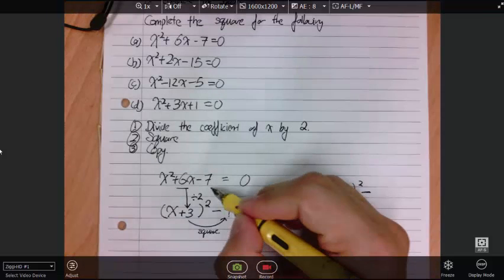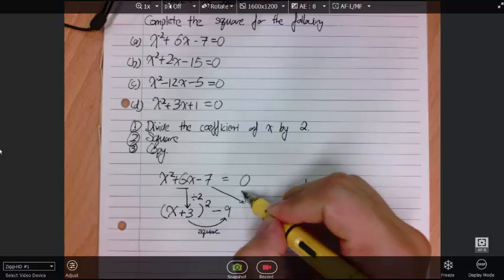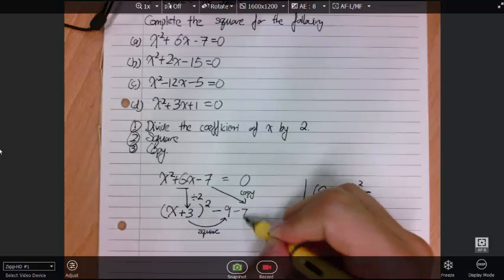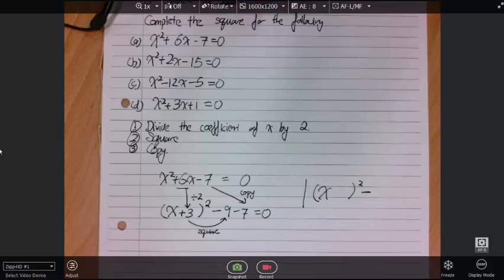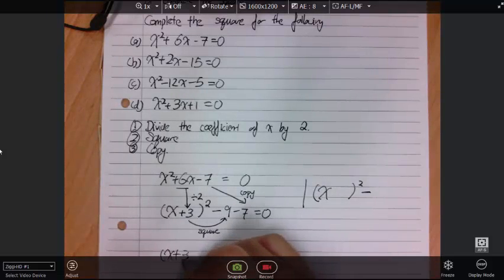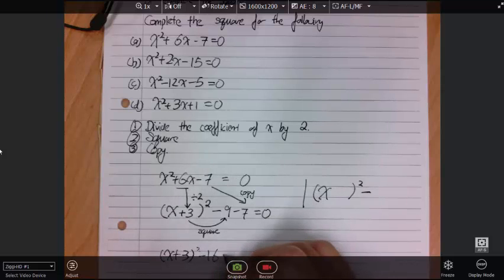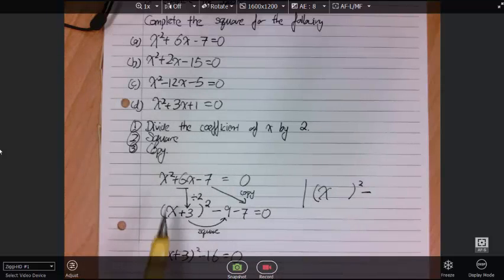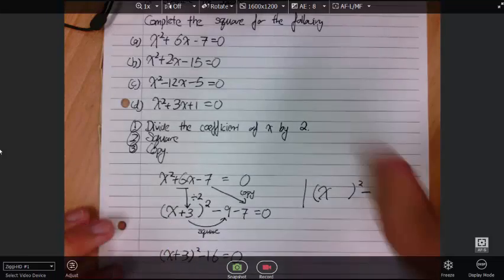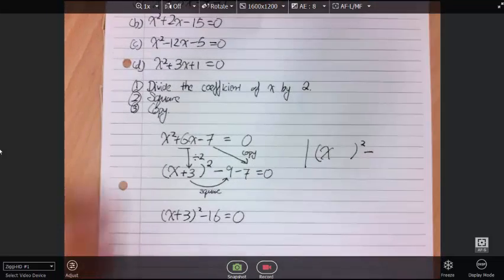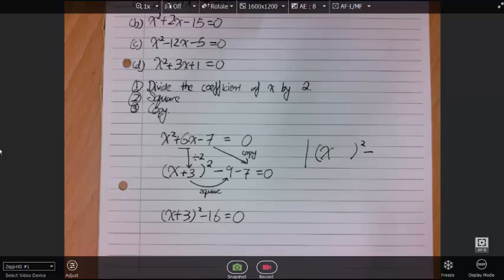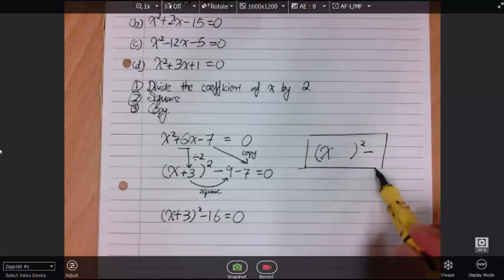Then last part, I will copy the negative 7 equals to 0. If you simplify this, what you get is x plus 3 square minus 16 equals to 0. I have completed the square for x square plus 6x minus 7. So I repeat: divide by 2, square, copy.